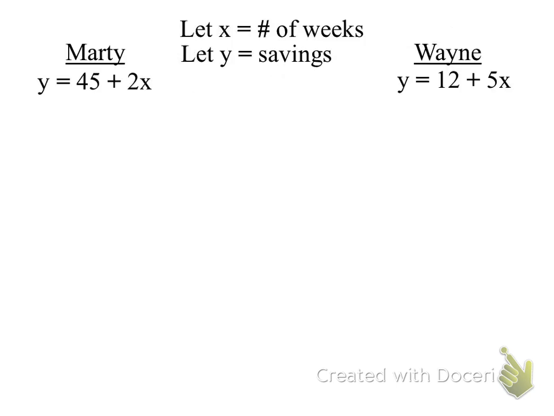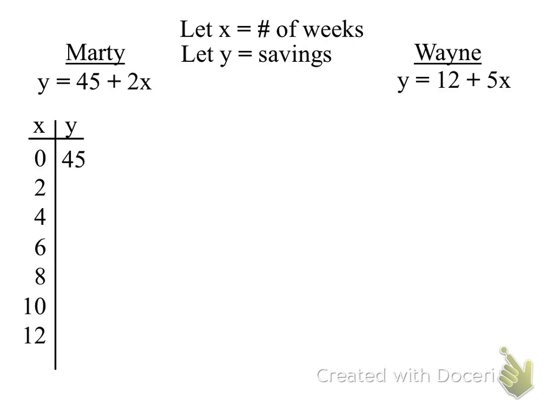So if I could graph this, on the y-axis, what's it going to be? Yep. Savings. And on the x-axis, it's going to be our weeks. So I could create a table and say after 0 weeks, 2 weeks, 4 weeks, figure out what I'm going to get.